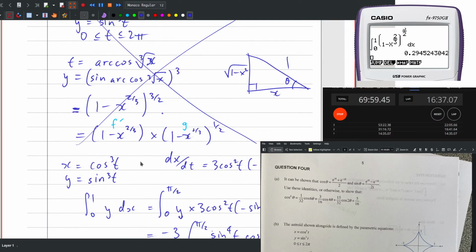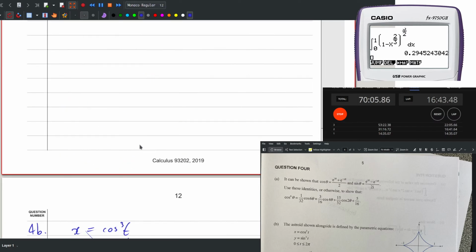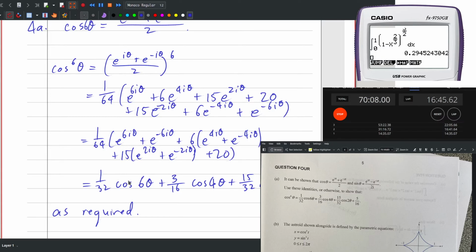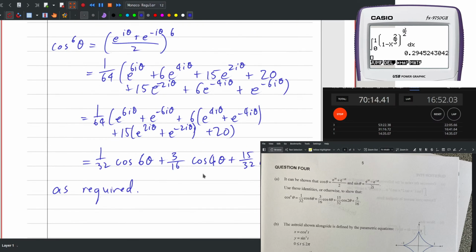So it becomes 1 on 8, I think. 1 on 8, and then it'll be cos 4t. And then so instead of 6c1, it would be 4c1.